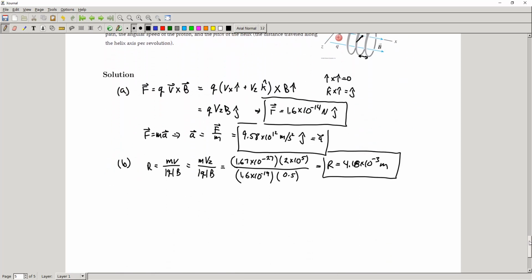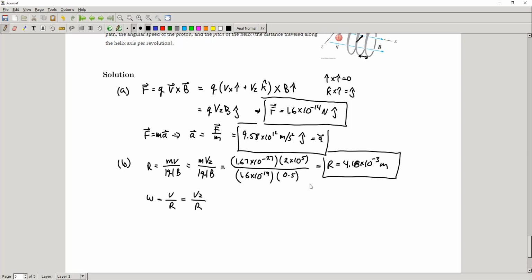Okay. We're also looking for our angular speed, right? And this is pretty easy. Once we know the radius, we know the velocity in the direction that's going to be causing our uniform circular motion. Even though it's not really uniform circular motion, the portion of the motion that's like uniform circular motion is going to be our v here. So this is really just, again, going to be vz over r.